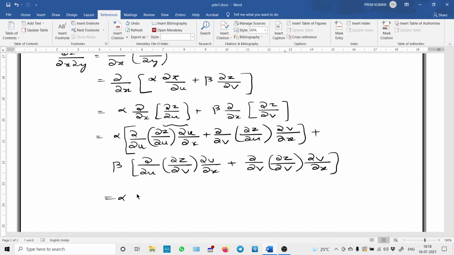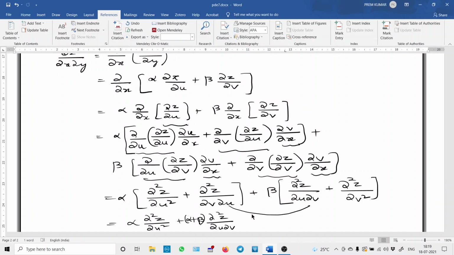So this is written as alpha into ∂²z/∂u² plus beta into ∂²z/∂u∂v. Actually we can combine these two terms because both are the same. This is alpha plus beta times this, plus beta times ∂²z/∂v².